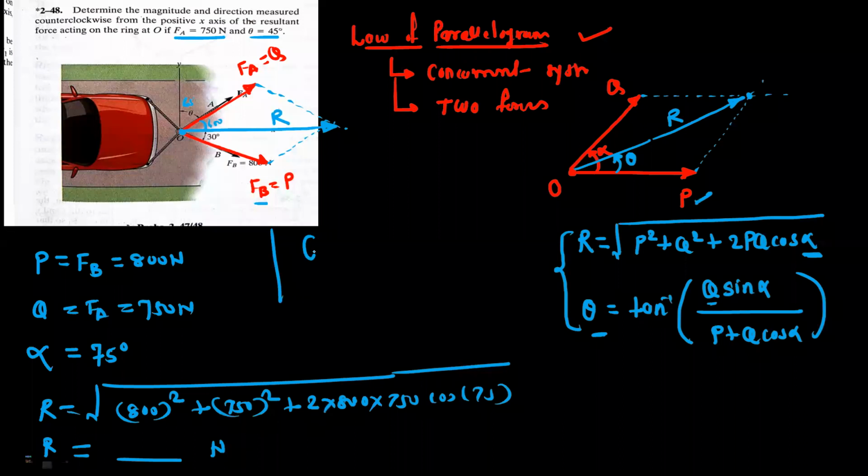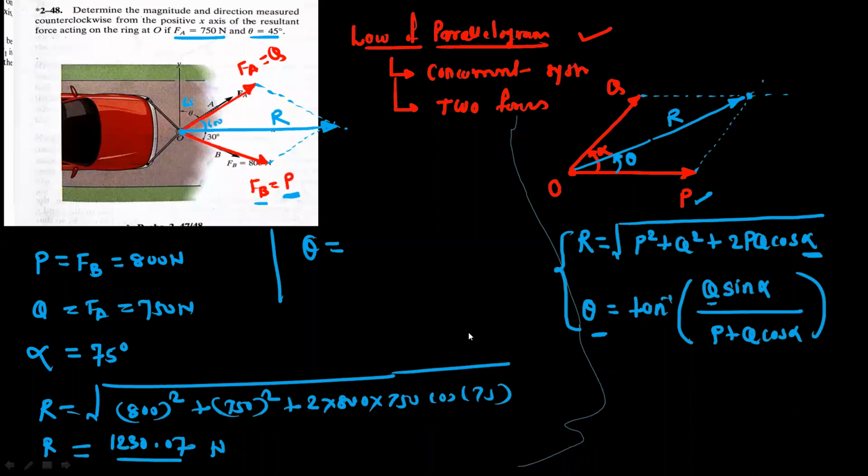And then calculate the value for theta, that is the direction of the resultant with respect to force P. If you use this formula, you will get theta with respect to P. Check the answer, resultant R, which is 1230.07 Newton.